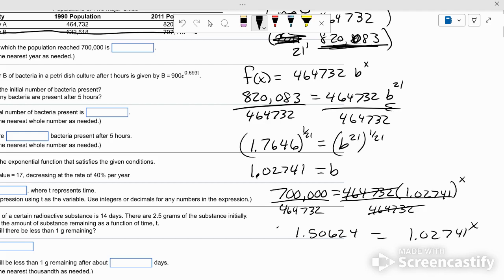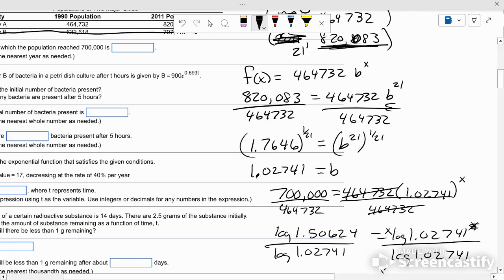If we take the log of both sides, the x can come up front, and then I'll divide by the log of 1.02741. So the log of 1.50624 divided by the log of 1.02741, what does x equal?